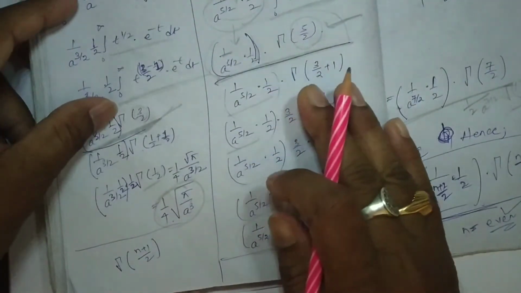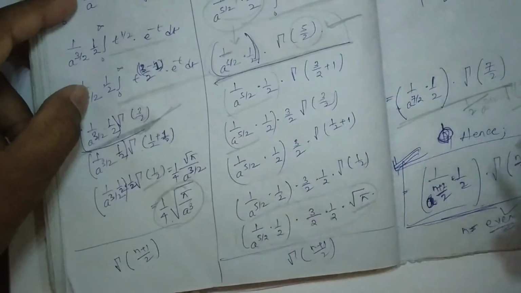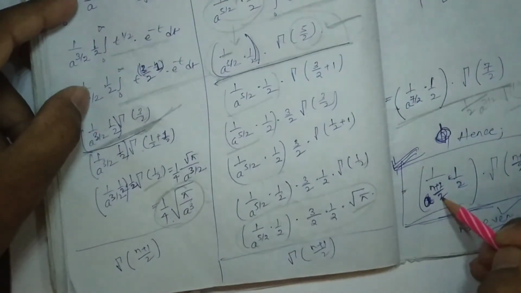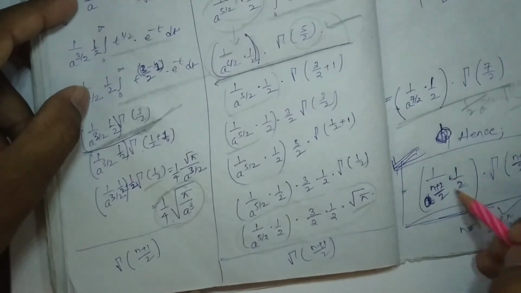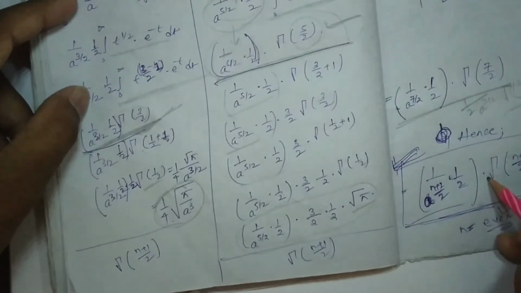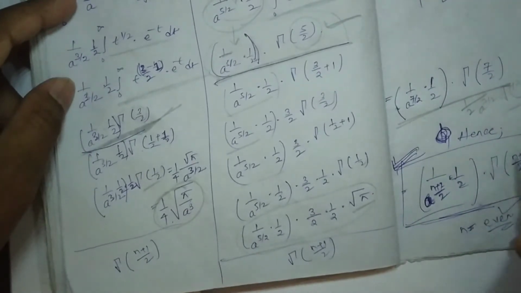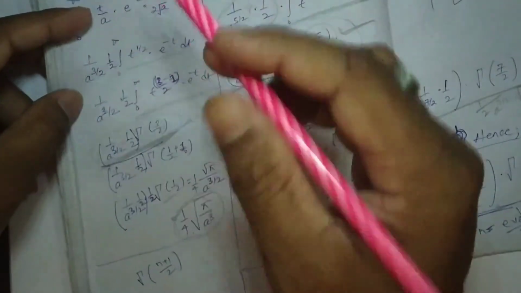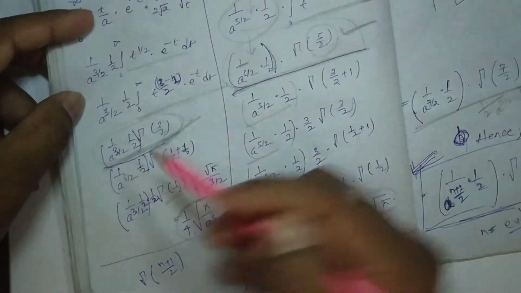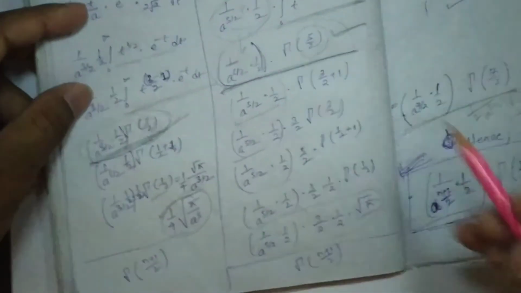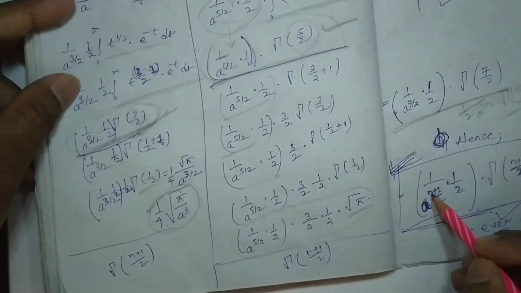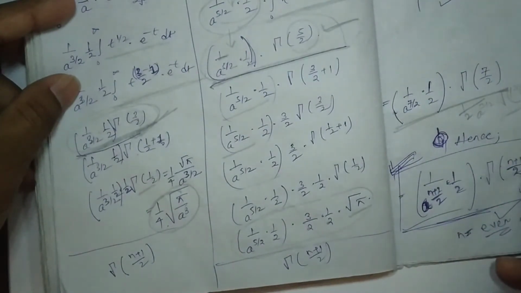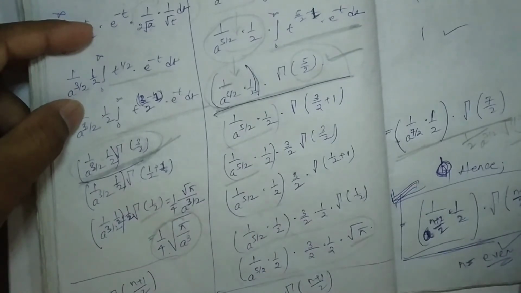If we consider n equal to 2, then n plus 1 by 2 is 3 by 2, into 1 by 2 into gamma 3 by 2. For n equal to 4, it will be 4 plus 1 by 2, so n plus 1 by 2 means 5 by 2.